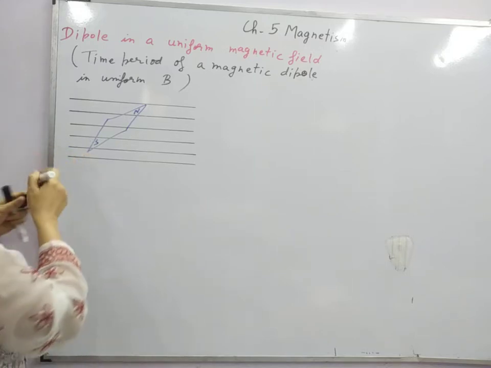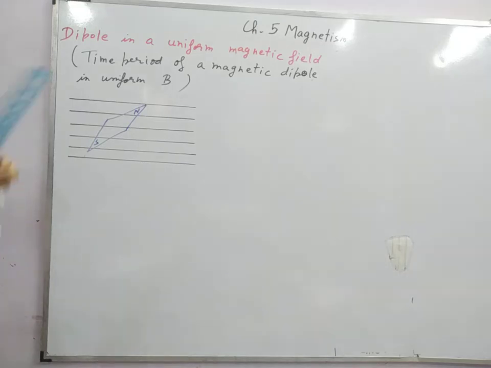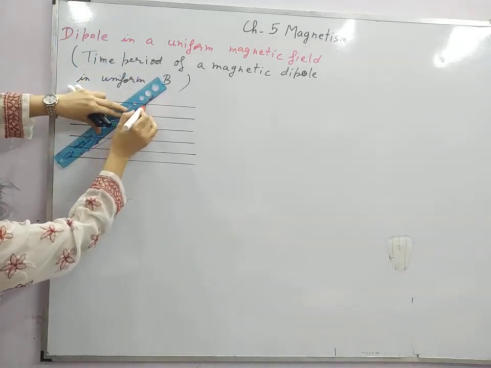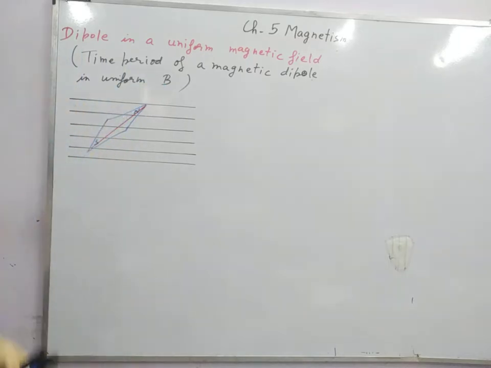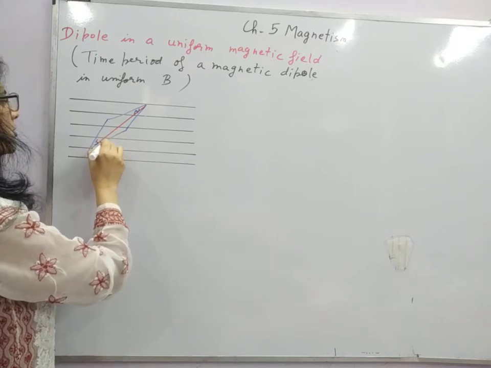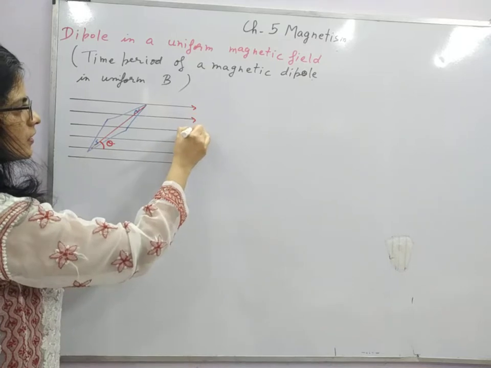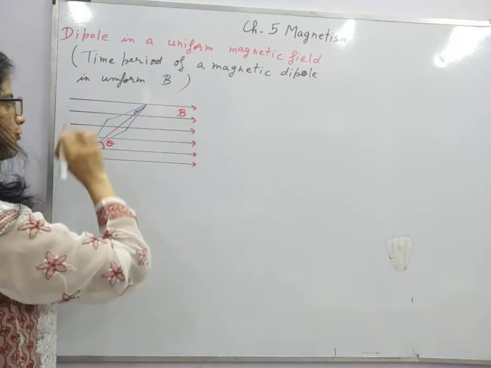So if we mark this line as the line which gives the direction of the magnetic moment, we can say that the angle which it makes with the magnetic field is theta, right? The magnetic field is uniform.